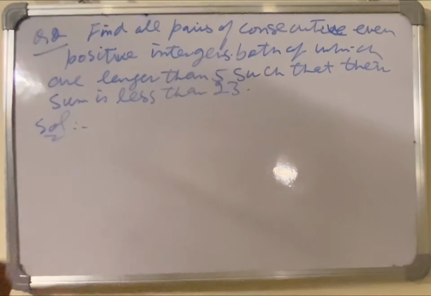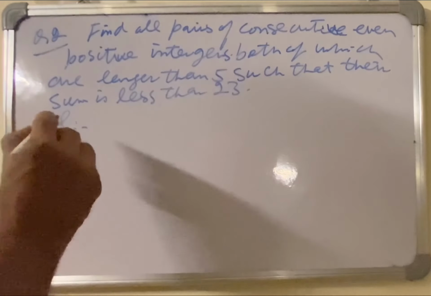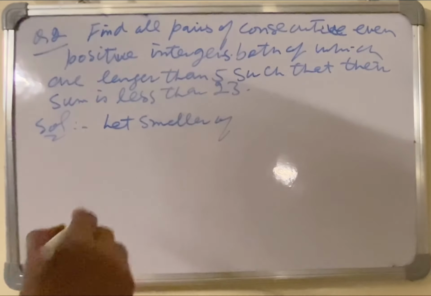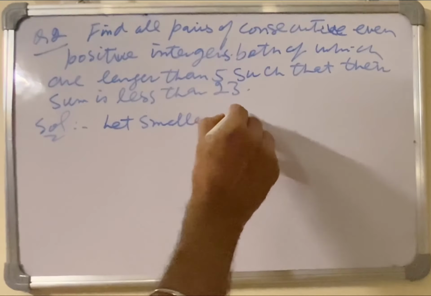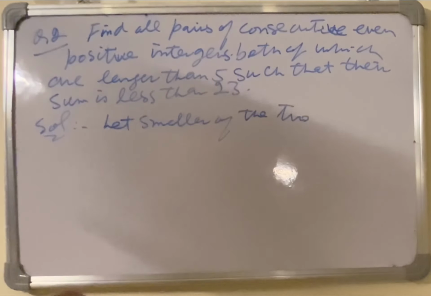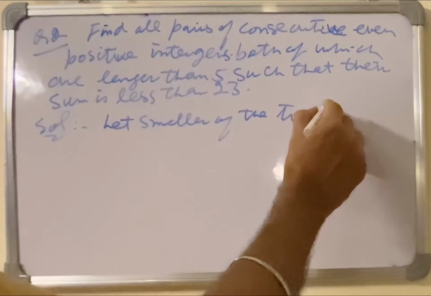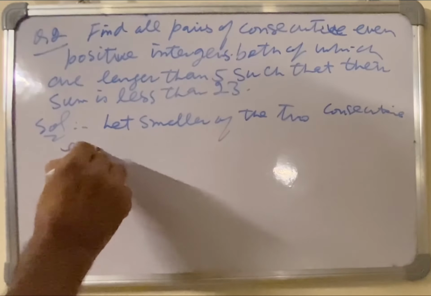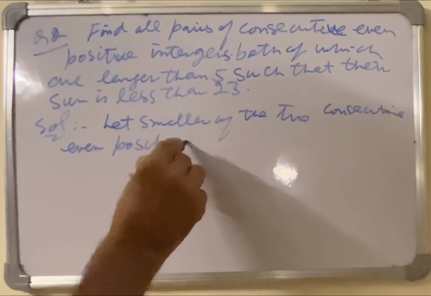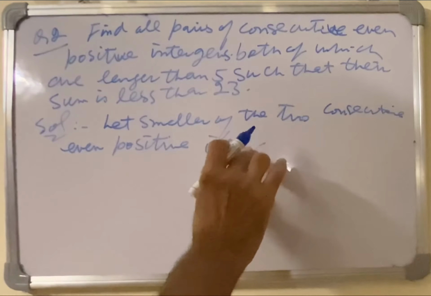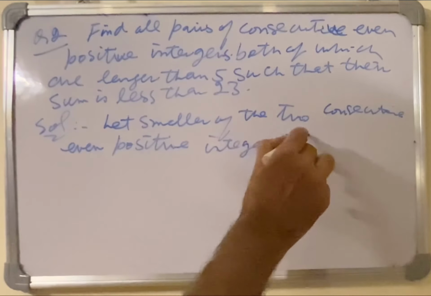Solution. Let the smaller of the two consecutive even positive integers be 2x.